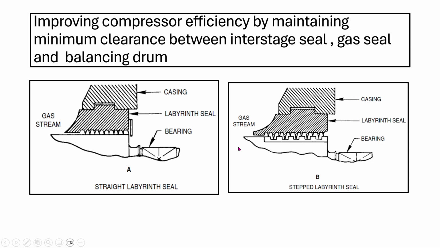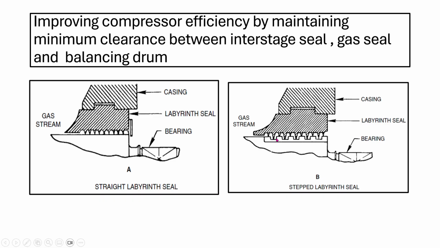Then compressor efficiency can also be increased by minimizing the clearances in the interstage seals. You see the interstage seals, the shaft seals between two stages. We use this type of seal with grooves. This is the straight labyrinth seal. This is the stepped labyrinth seal.